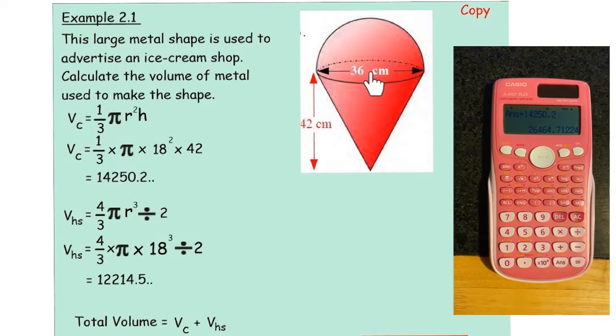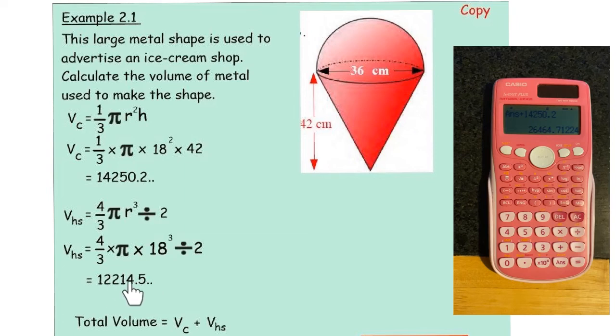Sometimes you can be shown the radius going from there up to there. Sometimes you can be shown it going from there across to there. A lot of people tend to get caught out by that. So pay attention for that, if you're getting stuck on examples. The radius of the sphere is 18 as well.